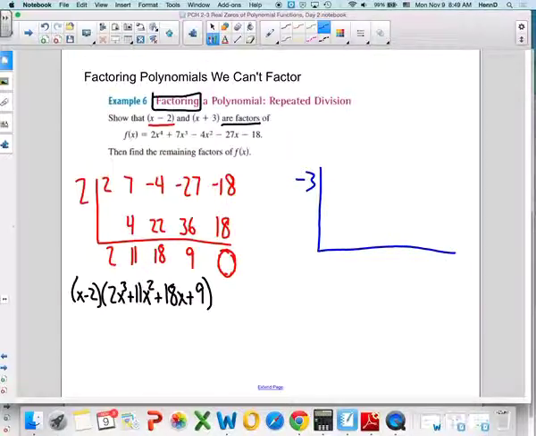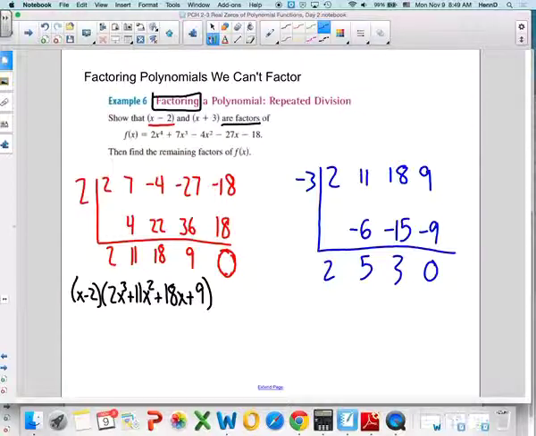We're going to list the coefficients 2, 11, 18, and 9. Then we do our process. 2 times negative 3 is negative 6. Add down and get 5. Times negative 3 is negative 15. 3 minus 9, and good thing it came out to 0 like we expected.